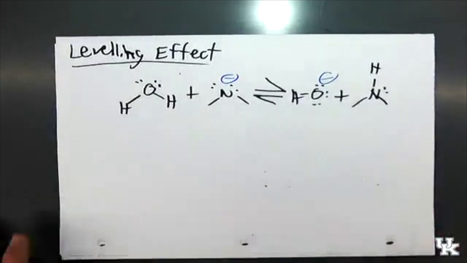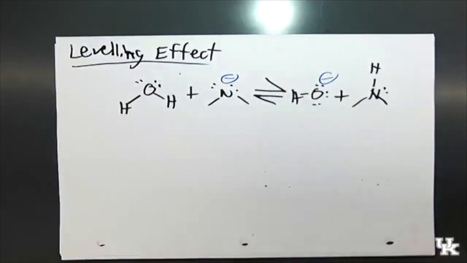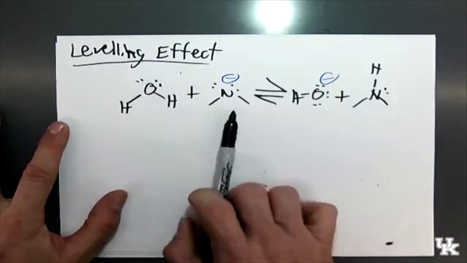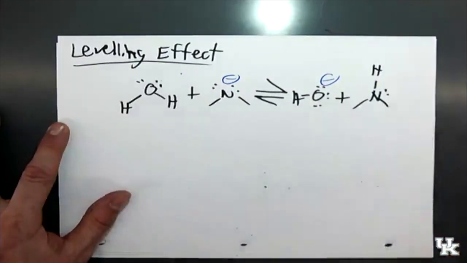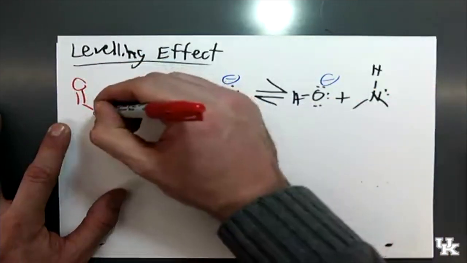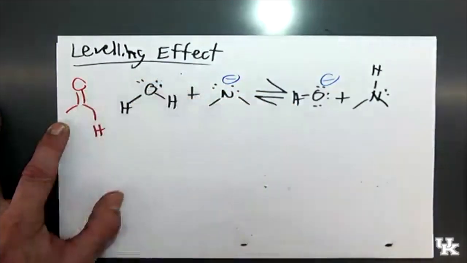This reaction is a good example of the leveling effect, because what this actually means is, let's say you wanted to do an organic chemistry reaction, and what you needed was this deprotonated dimethylamine to do some reaction like, I don't know, deprotonate this hydrogen on acetone.